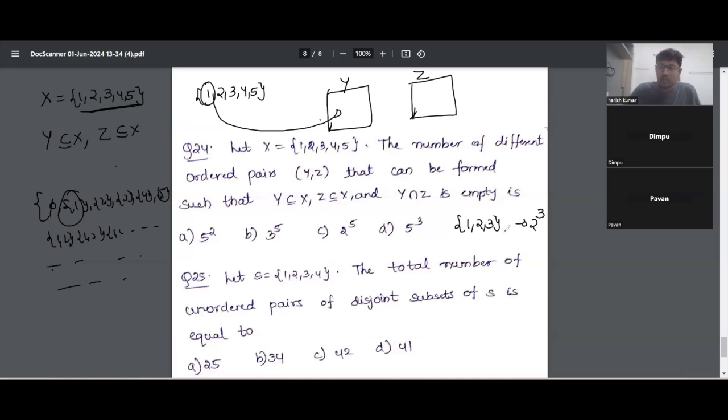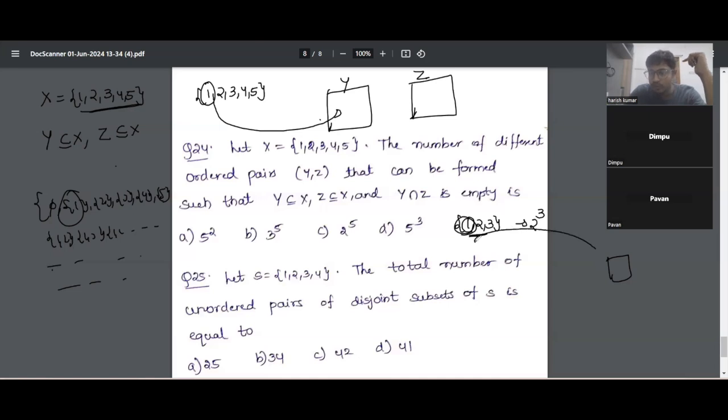Now a subset is made of elements in this set, right? Let's say I have to form one subset. The element 1 has 2 options, right?